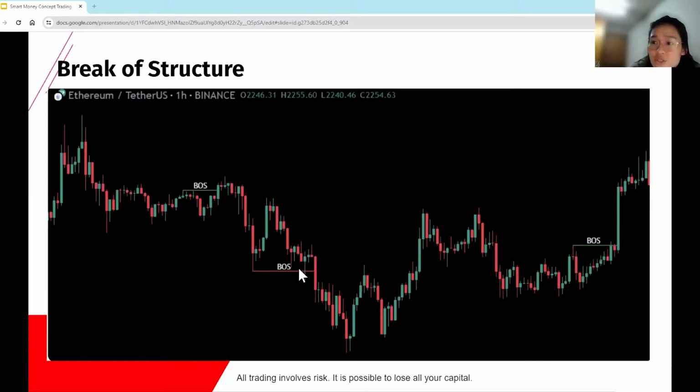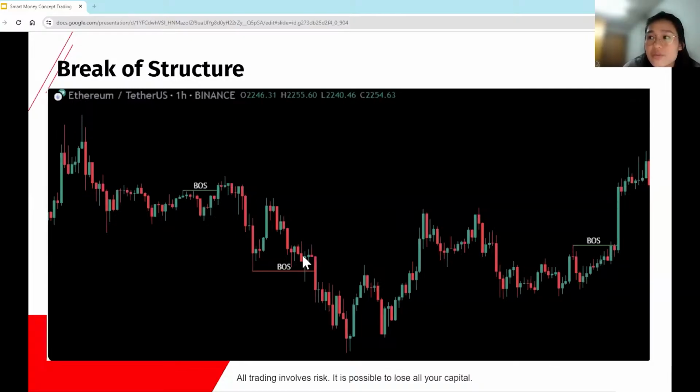If we look at this downtrend here, this is the swing low. From this swing low, price broke below this level. So we are expecting price to continue to break below this level. It's pretty straightforward once you understand it.